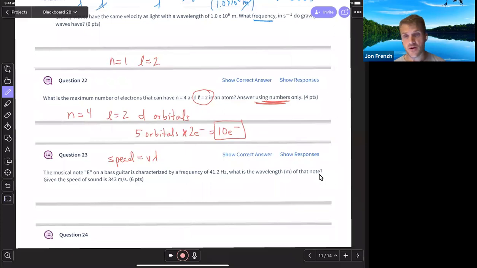How many electrons are there? Do I have d orbitals at the first quantum row? Yeah, Lucy's correct. There's 0 electrons because n equals 1 is my first energy level.